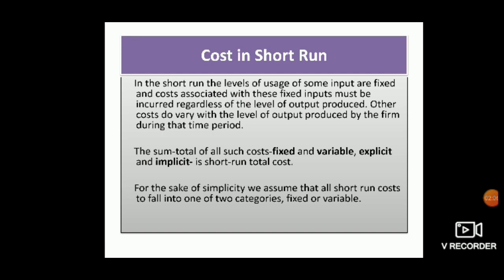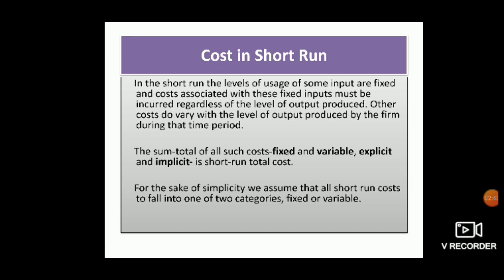In the short run, the level of usage of some inputs is fixed, and the cost associated with these fixed inputs must be incurred regardless of the level of output produced. Other costs do vary with the level of output produced by the firm during that time period. The sum total of all such costs, fixed and variable, explicit and implicit, is short run total cost.